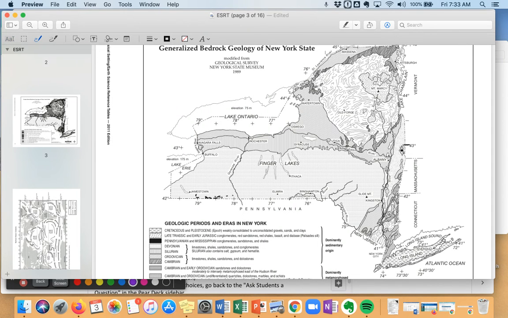So here's our 43. So we're looking for anything that's slightly north of that 43 line. So you can see that there are actually a couple cities that are close to that line.